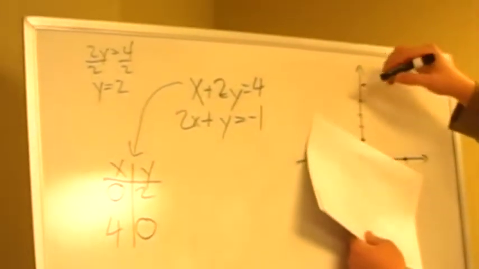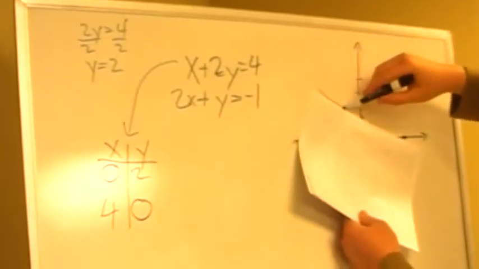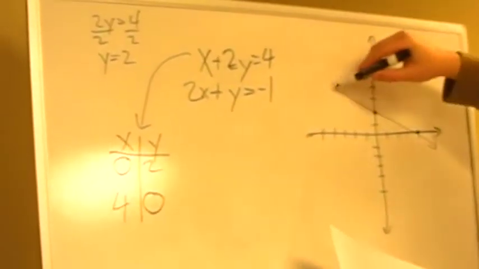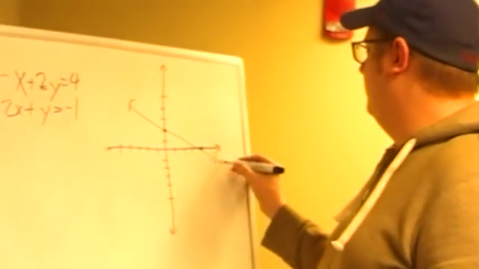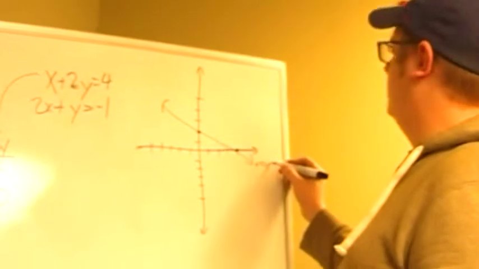It'd be great if I had a ruler, but I don't. So I'm just going to do something like this. Good enough, right? And we'll make sure that we label that, that way we aren't confused as to which line is which.